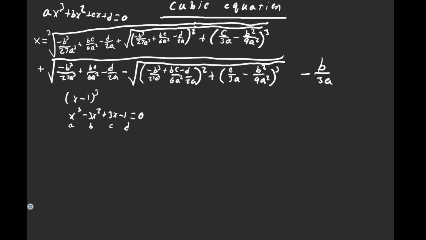And we get minus b, which is -3 cubed, which indeed just gives us positive 27 over 27, plus or minus 3 times 3, because that's BC, so that's plus -9 over 6, plus 1 over 2, because minus D over 2A and D is -1.